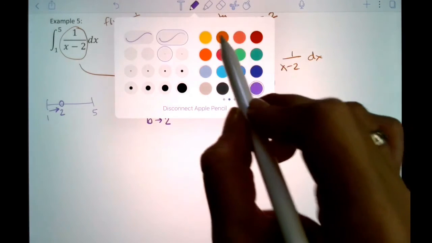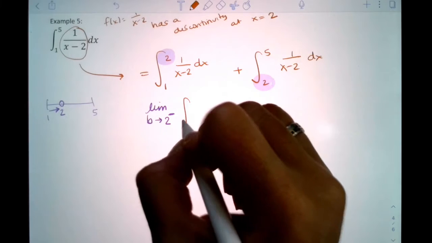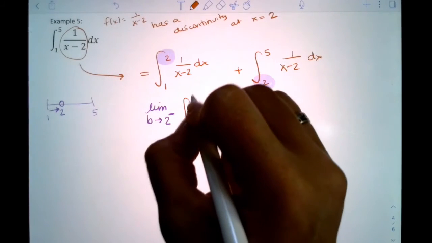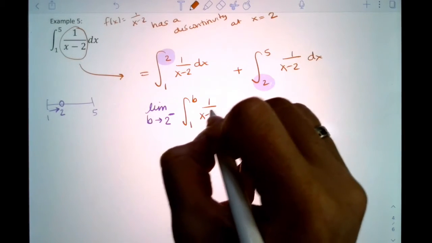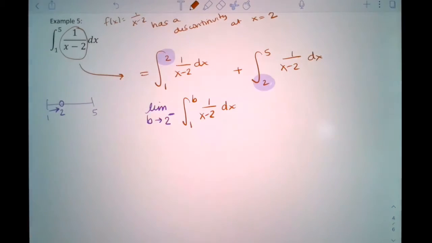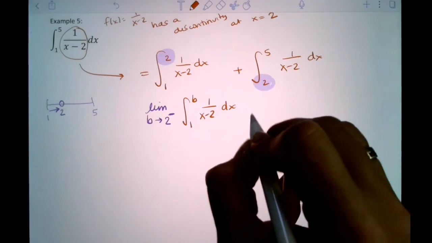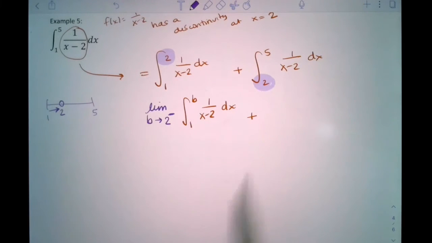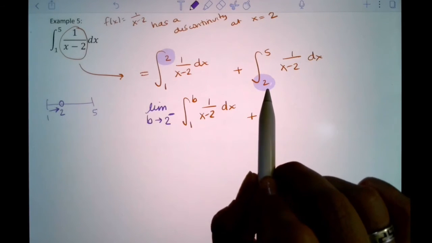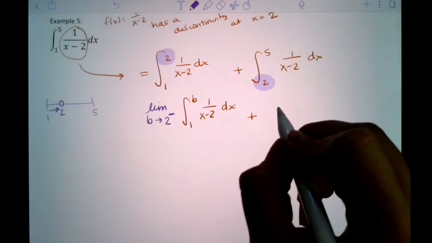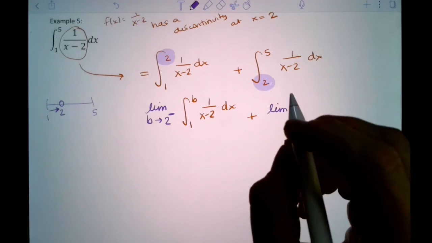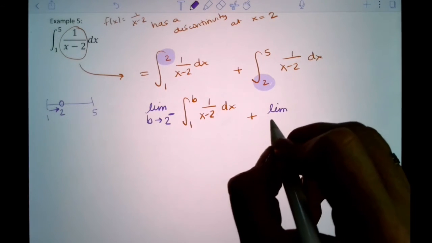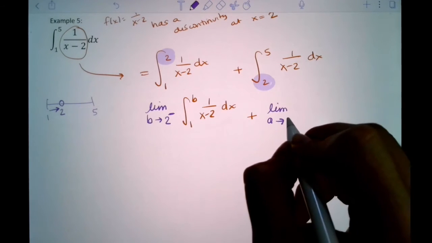Now, I'm going to keep my integral pretty much the same. I'm just going to say from 1 to b, 1 over x minus 2 dx. Now, I'm adding to this my other integral, where I address the 2 as my lower limit of integration. Generally, the lower limit of integration I consider as an a value, so a is approaching 2.